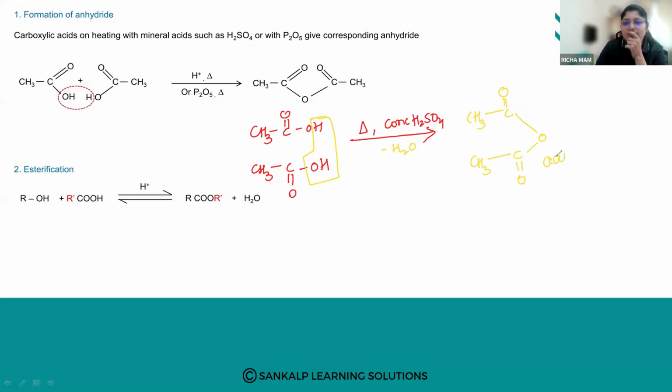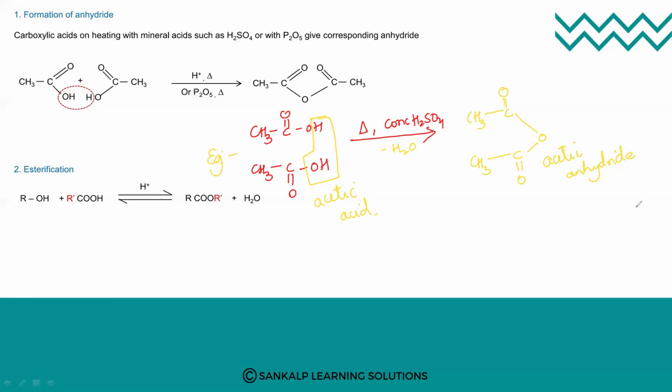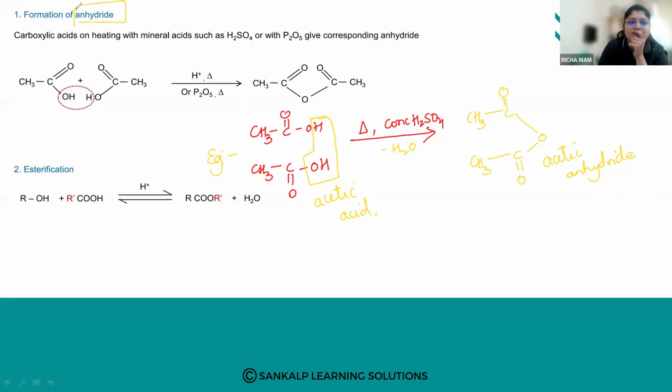This is acetic anhydride, and this is acetic acid, 2 moles of acetic acid. Is the example clear? So like this, we can form anhydrides. Anhydride means there is a loss of water molecule; the hydride molecule is not there.